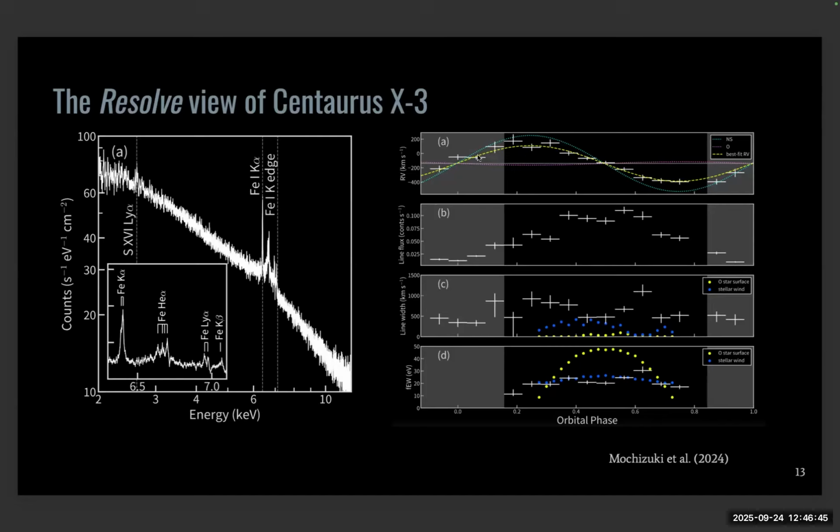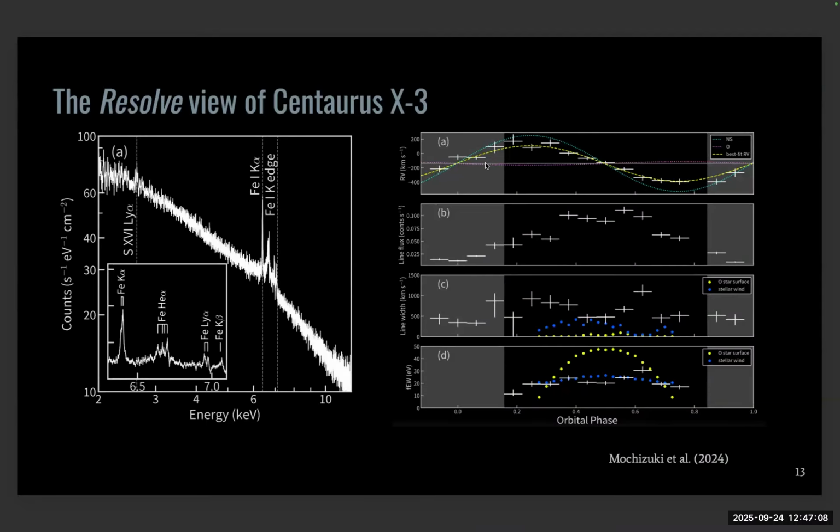But it's also not quite as high as what you get from the neutron star. The neutron star's orbital velocity, calculated from its mass ratio and the orbital period, is still significantly higher than what we see from the K line.